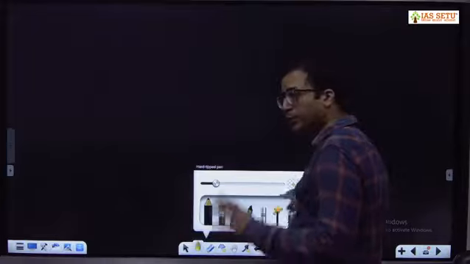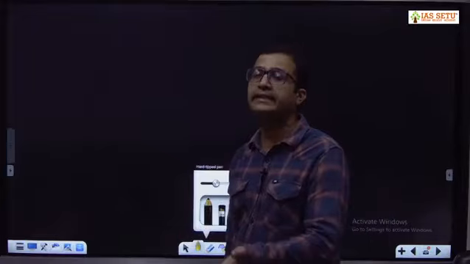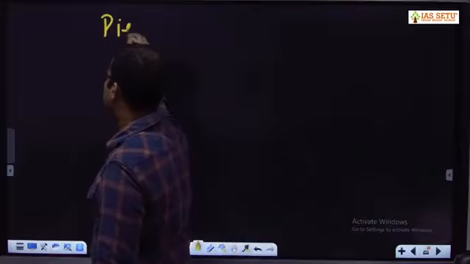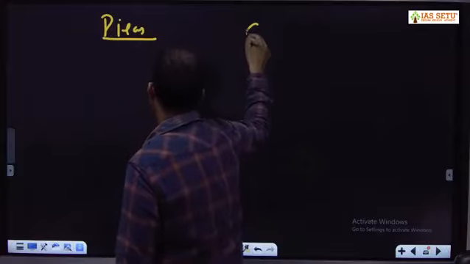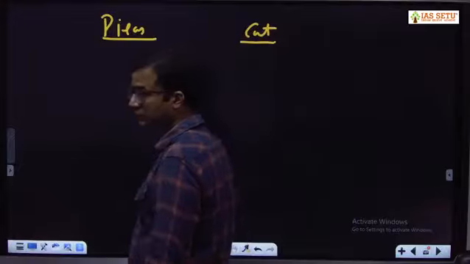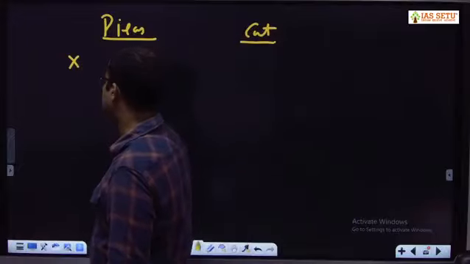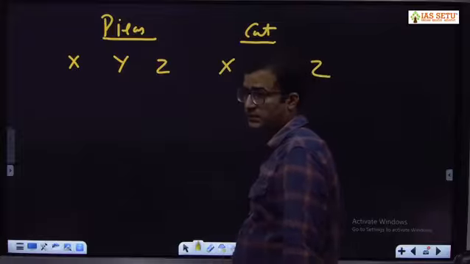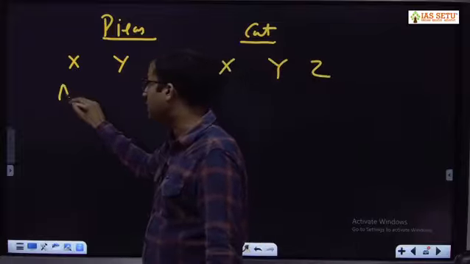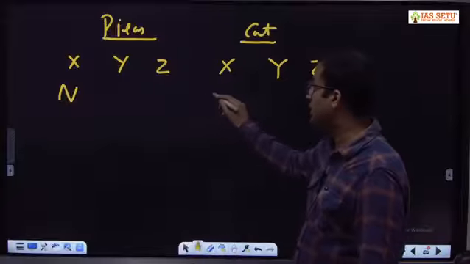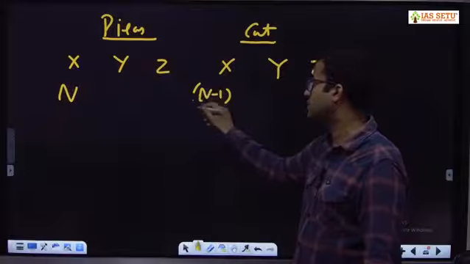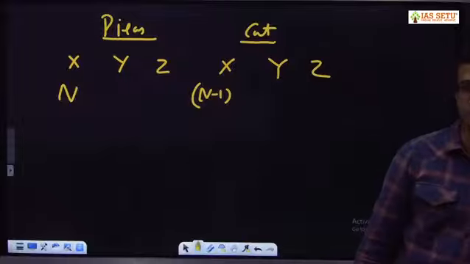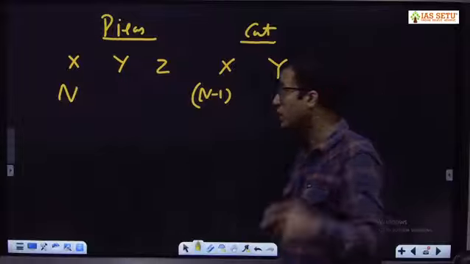Now let me tell you the pattern. If 3 axes or 2 axes are used, number of pieces to number of cuts: X axis, Y axis, Z axis. If there are n pieces along the X axis, that requires n minus 1 cuts along the X axis. Always in pieces to cut you have to subtract. It goes in reverse.